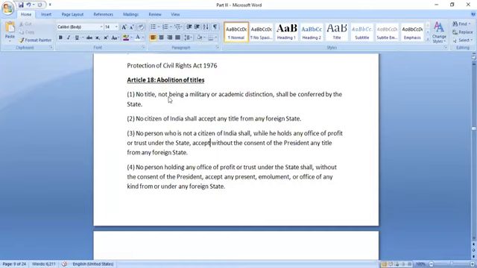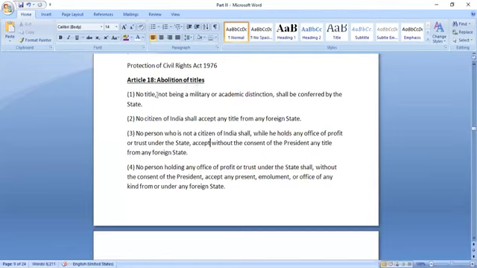Now, after the Constitution came, it was essential that, since we are providing so many rights and talking about non-discrimination and no untouchability, all the people are treated equally. There is no discrimination based on these titles, or classification of different categories of people. So it was essential that abolition of titles is also mentioned under the Constitution.